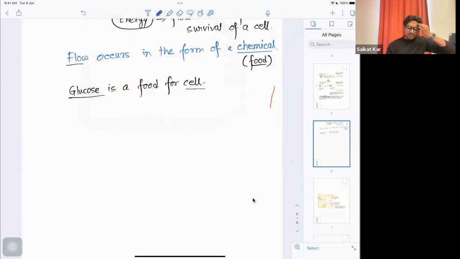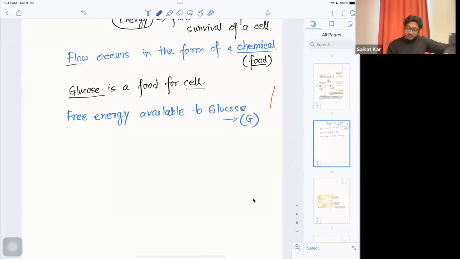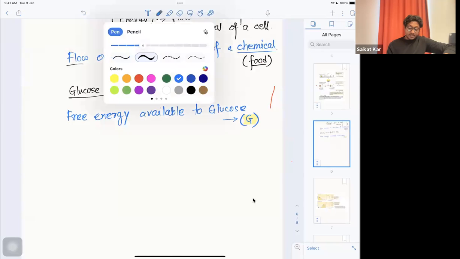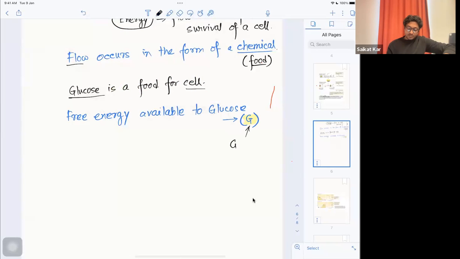So in any reaction, we know that the free energy available to glucose, we are calling it G. Not for glucose, just for the free energy, from Gibbs free energy.